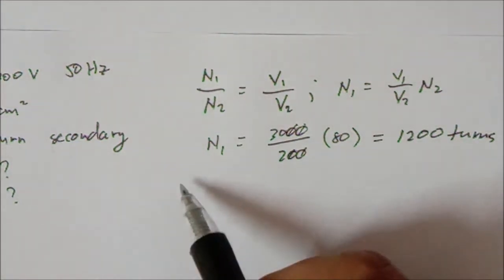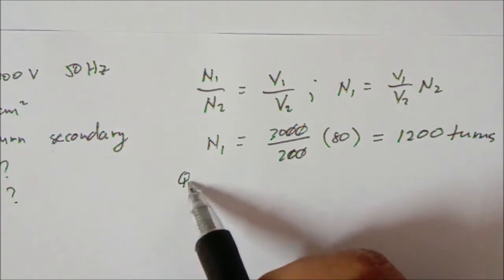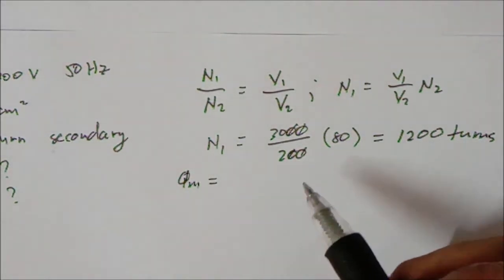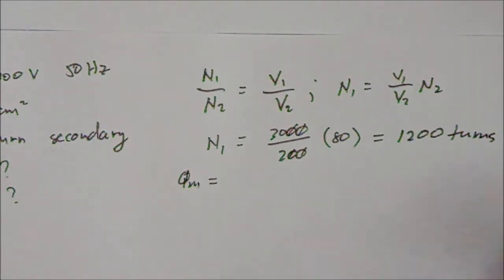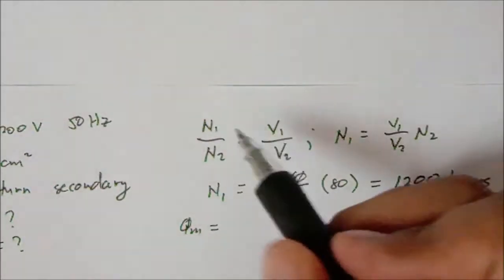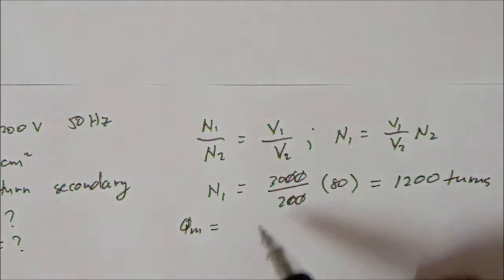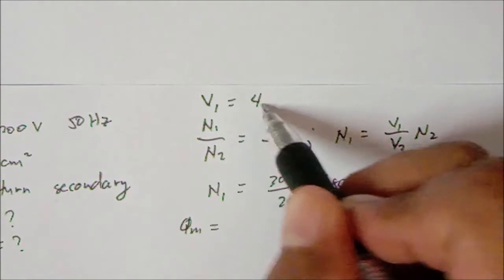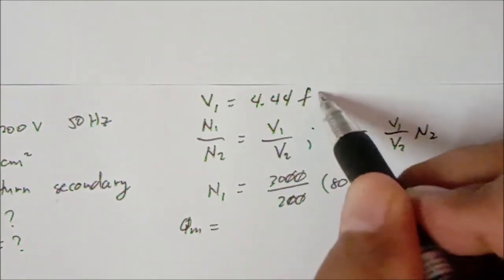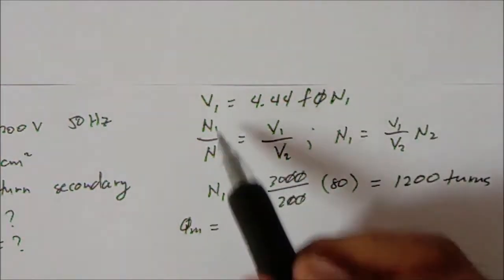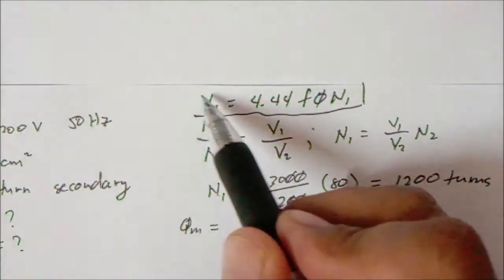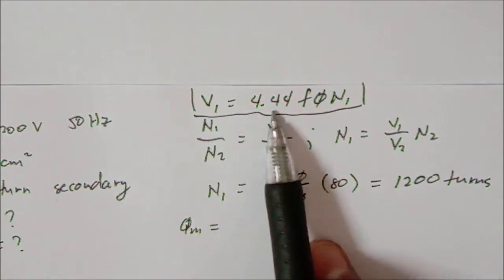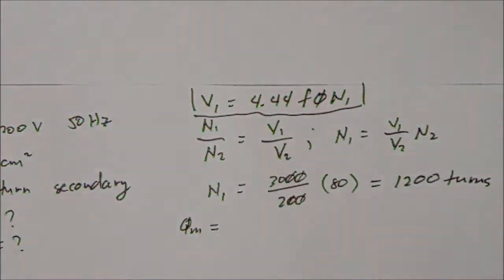Kasunod, flux M, yung flux natin. So, may formula tayo na, sulat muna natin yung formula. Dito na lang sa taas. So, V1 is equal to 4.44 F phi N1. So, ito yung formula niya. Pwede rin natin gamitin V2. So, V2 is equal to 4.44 F phi N2.